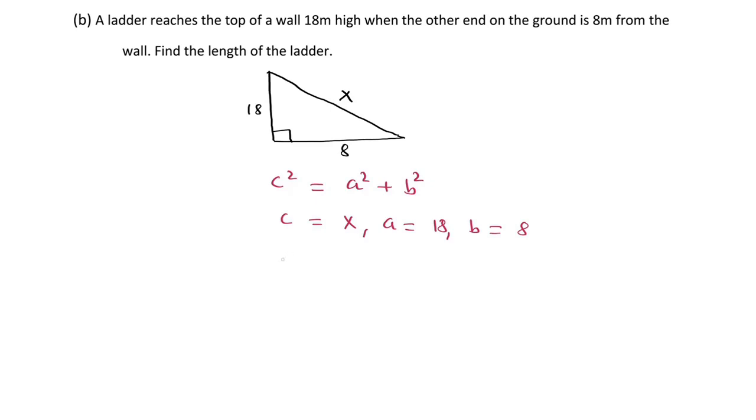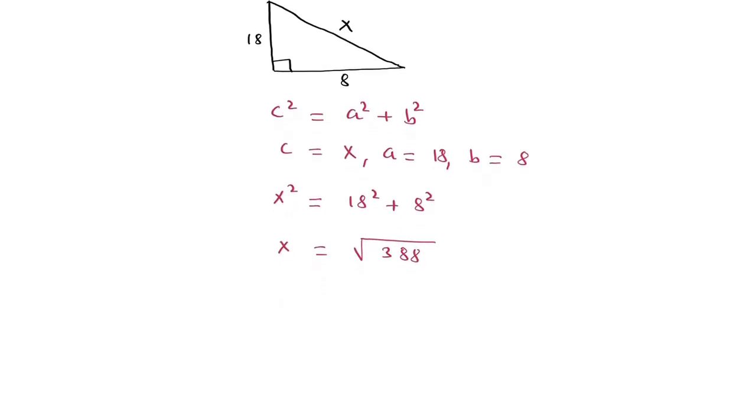We are going to have x squared equals 18 squared plus 8 squared. Computing the values and applying square root on both sides, our equation is going to be x equals the square root of 388. Reading the square root from the table, x equals 19.70. Therefore, the length will be 19.7 meters.